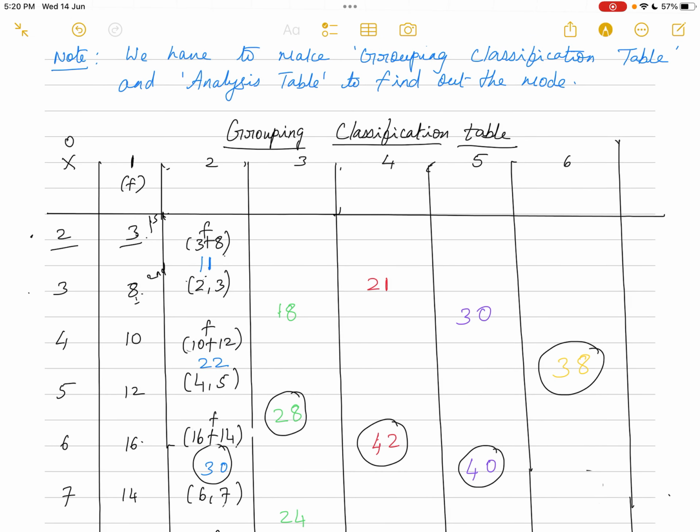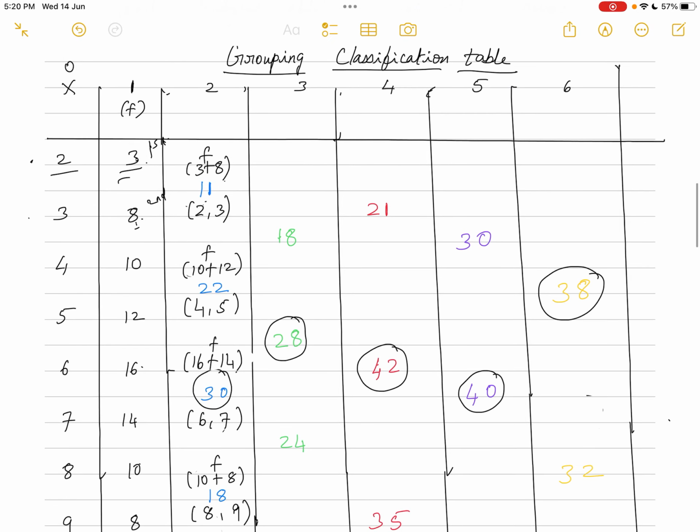Now let us check out. What we have done, we have left the first row. So this is the first row, isn't it? We have left the first row and then we keep adding. So now what is that? 10 plus 8, isn't it? This is the frequency. 10 plus 8, we are arriving at 18. Now what is the corresponding x value here?